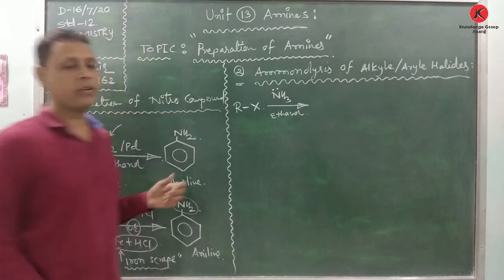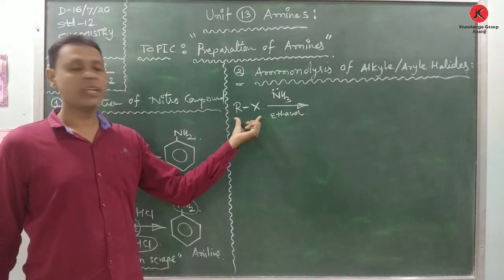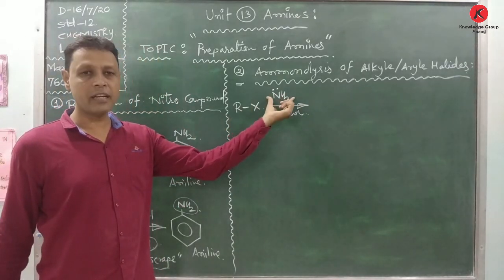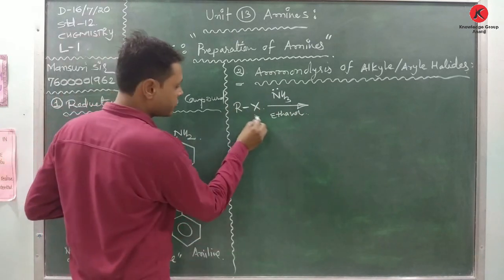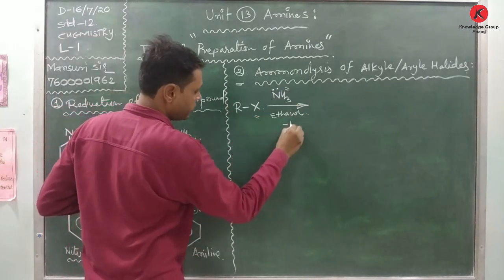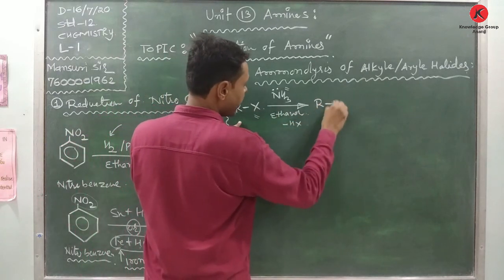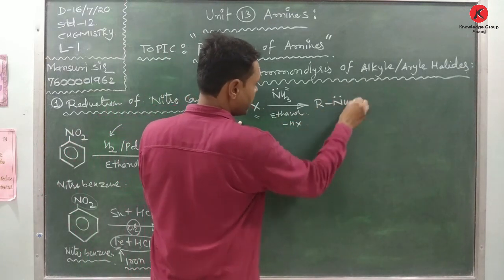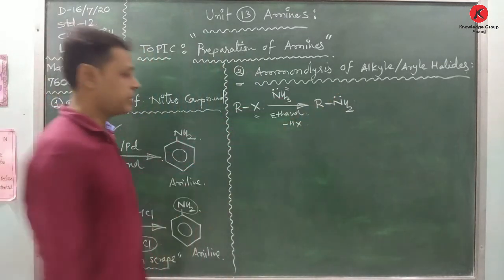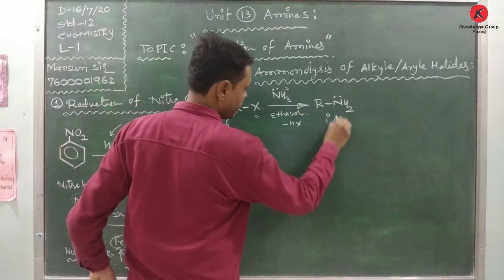So what will form? When alkyl halide reacts with ammonia, then HX will be removed and RNH2 is formed. This is my primary amine, my 1 degree amine.